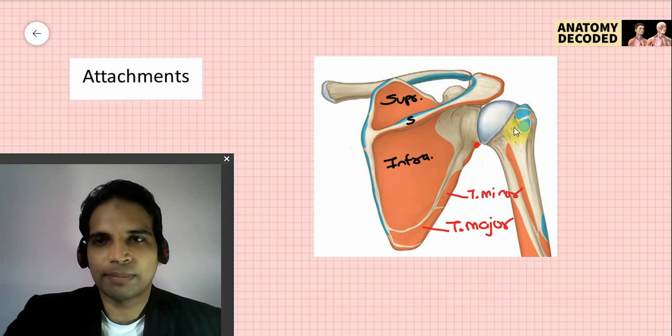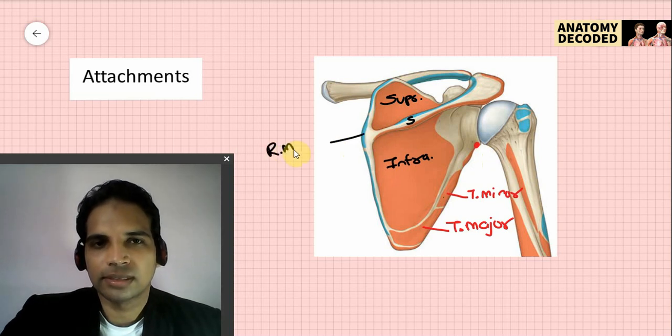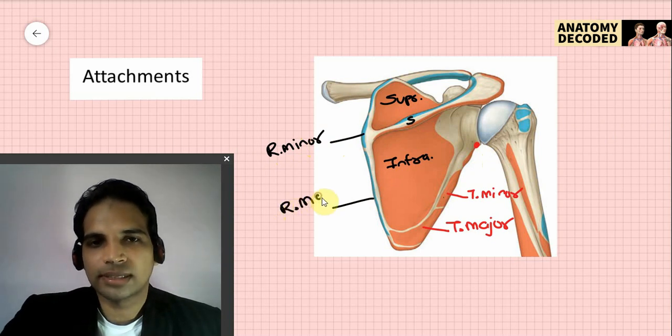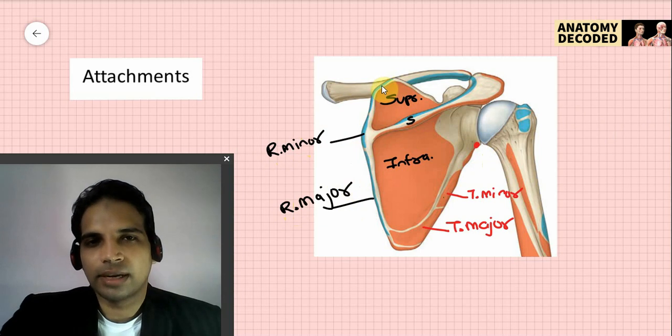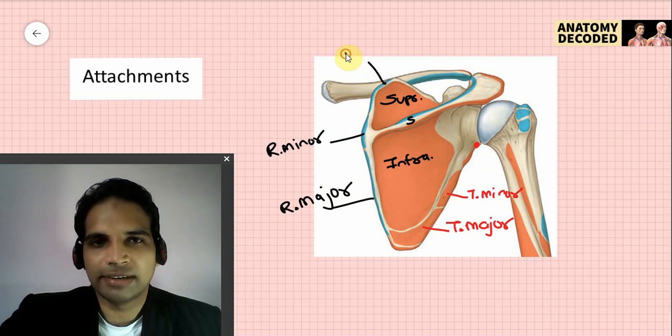Opposite the spine of the scapula there is a muscle which is rhomboid minor, and below the spine of the scapula the muscle is rhomboid major. Then along the upper aspect, near the superior angle of the scapula, the muscle is levator scapulae.